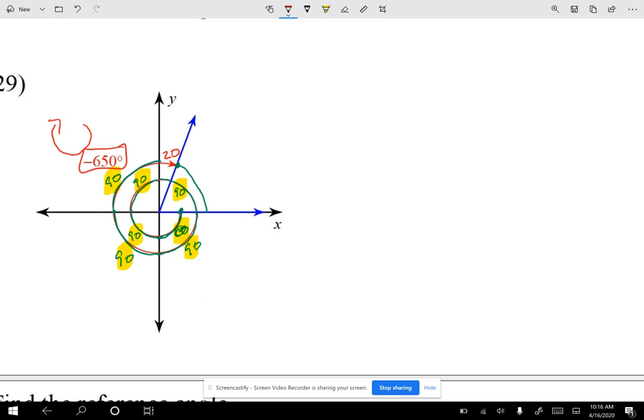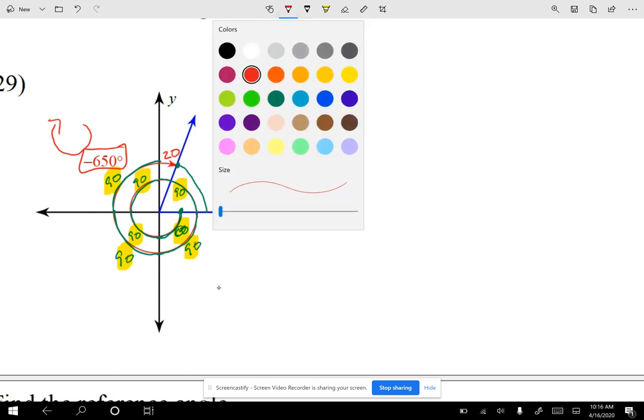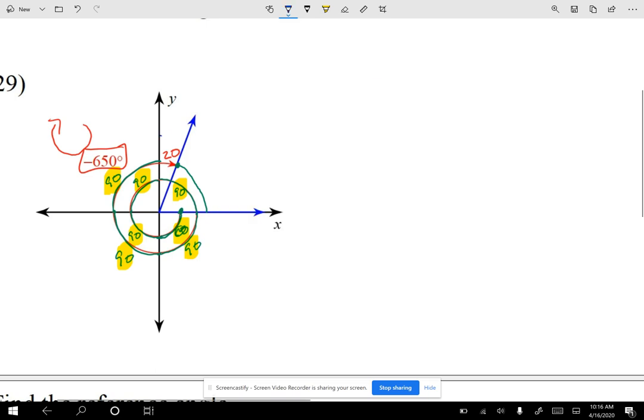It said I went 650, so shouldn't that mean that there's 20 more? Now, I know this whole thing is 90. Part of it is 20. Shouldn't I call this 70 since the whole thing is 90? I just figured out that the angle that I was looking for is 70.